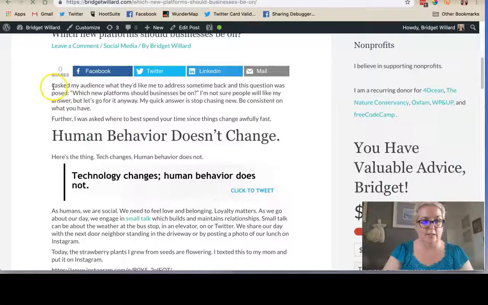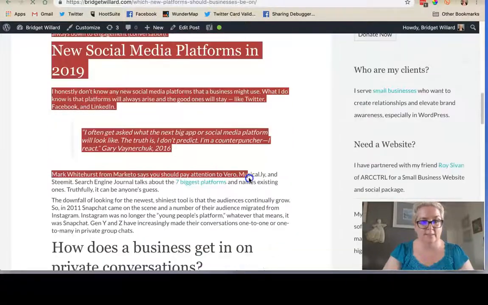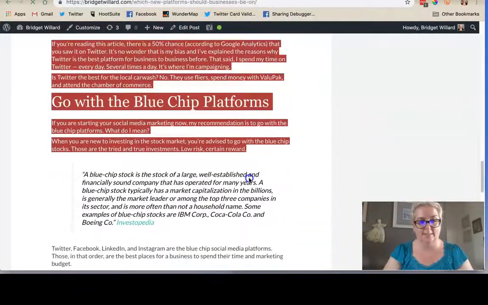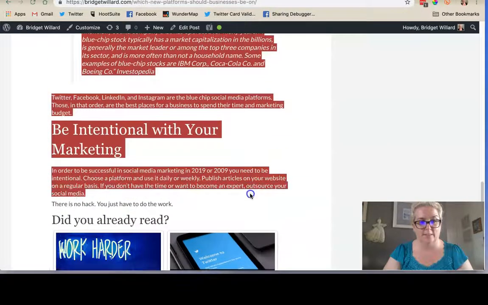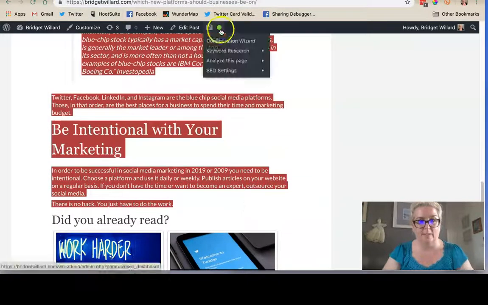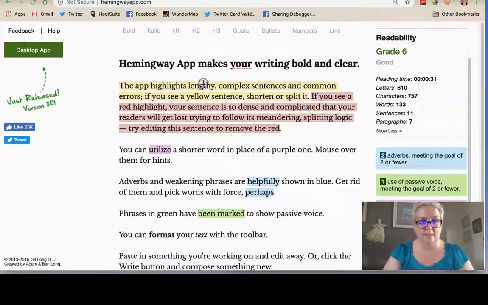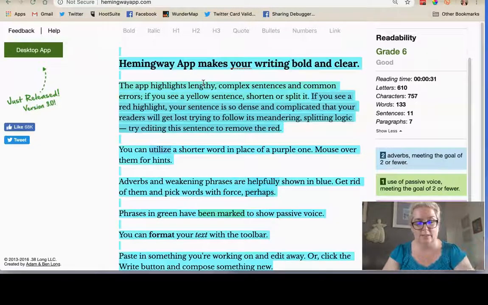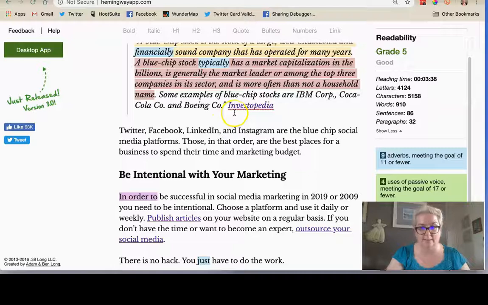Just do a quick copy paste. Notice the headings. Gotta break up the text. And then I'll throw it in the Hemingway app. You just highlight everything, paste whatever text.